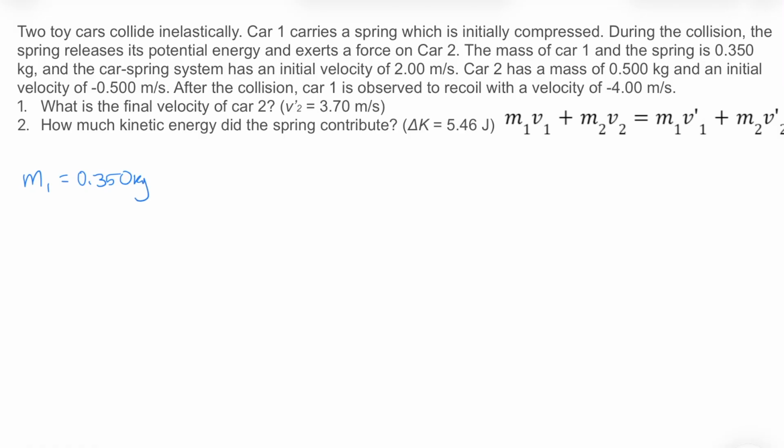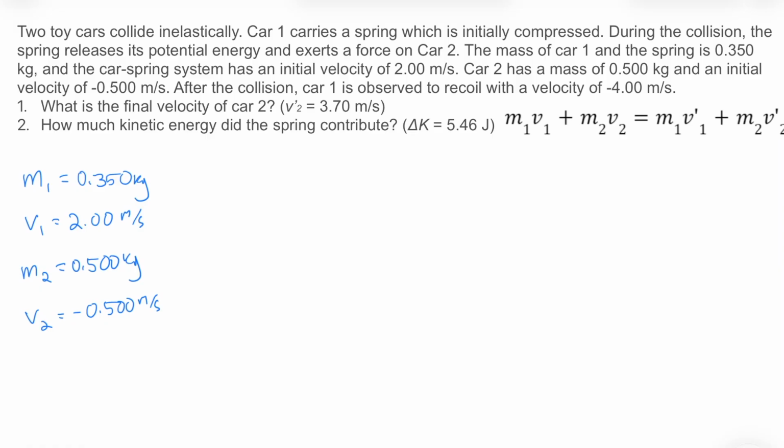The mass of car 1 and the spring is 0.350 kilograms, and the car-spring system has an initial velocity of 2.00 meters per second. Car 2 has a mass of 0.5 kilograms and an initial velocity of negative 0.5 meters per second, which means that it's going in the opposite direction towards car 1.